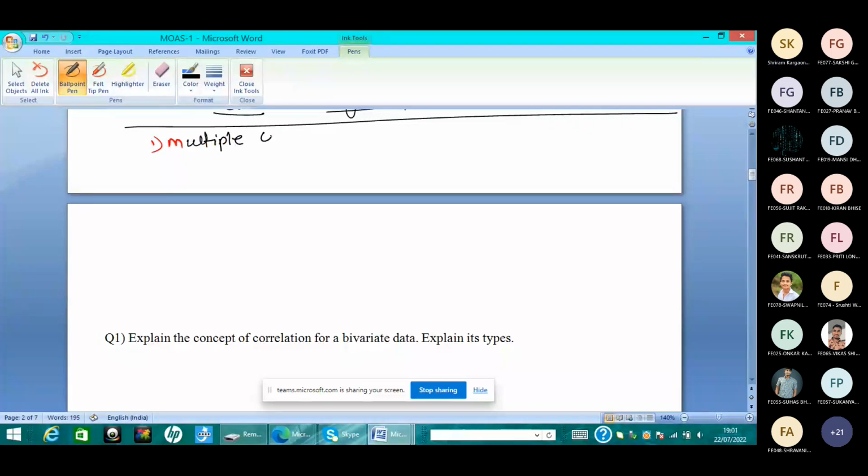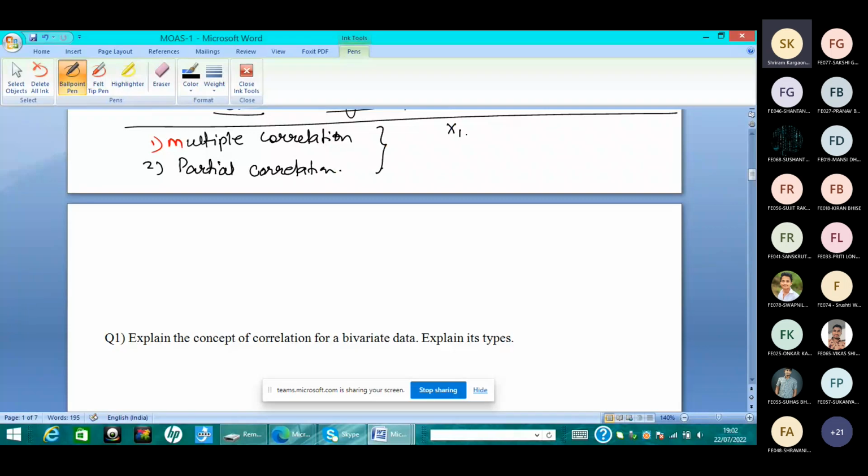Okay, multiple correlation. Again, we'll be learning ahead partial correlation. So this is all based on the number of variables.